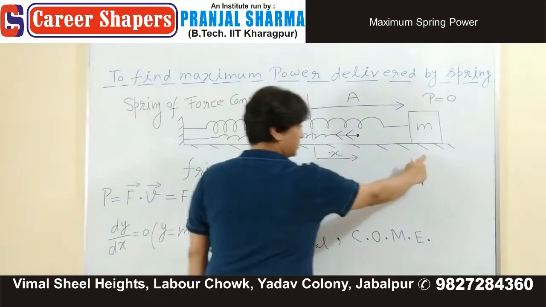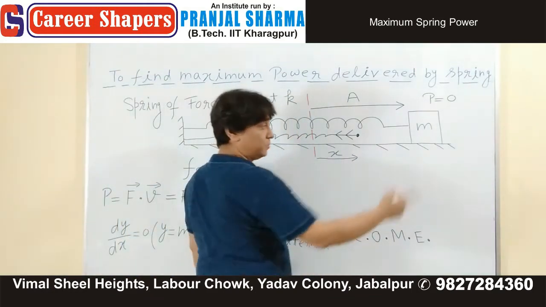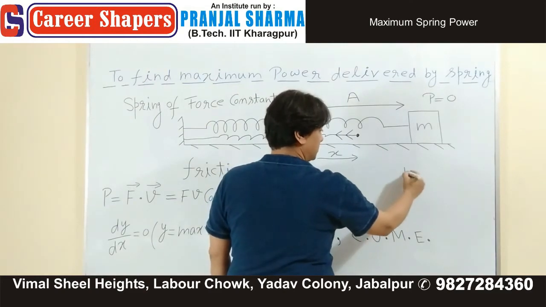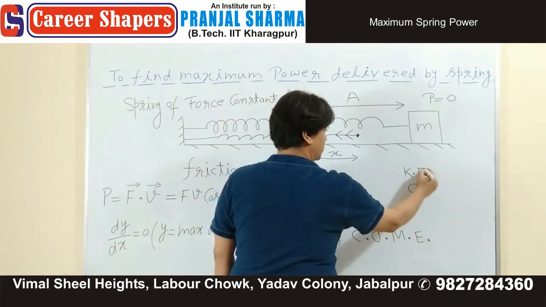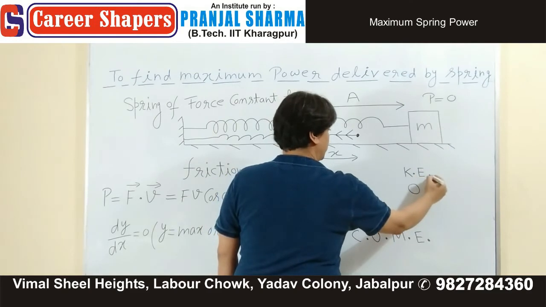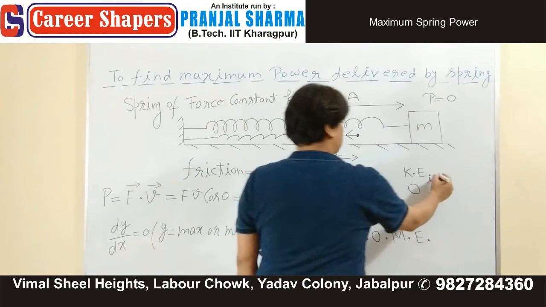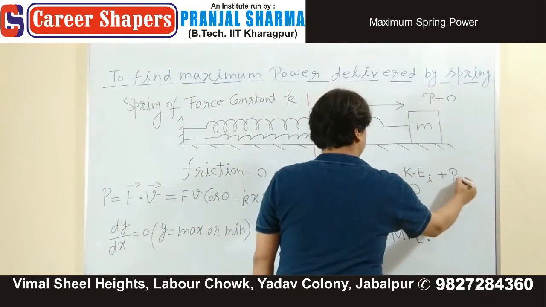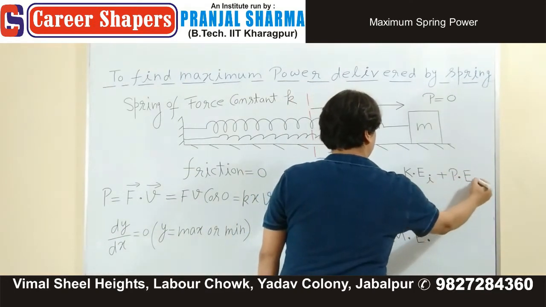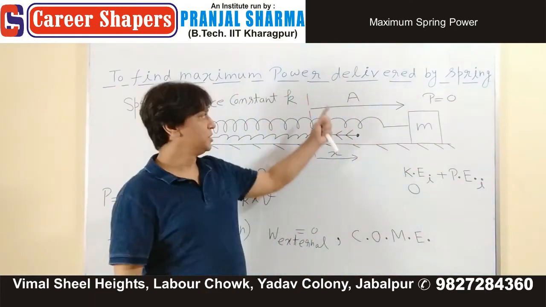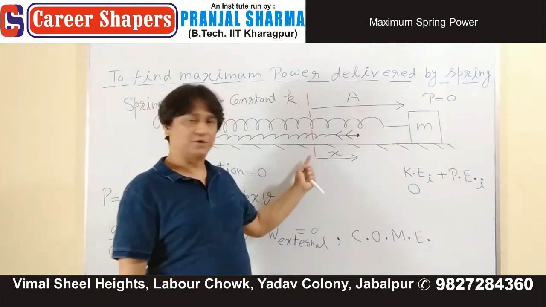Kinetic energy at this position: the object was at rest, so kinetic energy is 0. This is kinetic energy initially, plus potential energy initially. What is the deformation? A from the natural length.